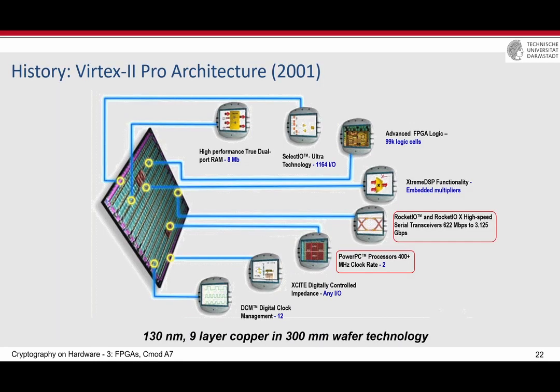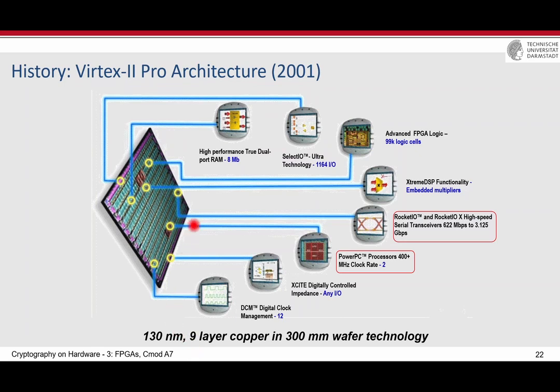Good. Now, again, a bit of history about the FPGAs of Xilinx. The Virtex-2 Pro architecture, announced in 2001, if you consider the current technology, is super old, 130 nanometer. It was super interesting at that time, but it's now considered a super old and super large design. The chip is outdated and not produced anymore, but it has many features which are still interesting.